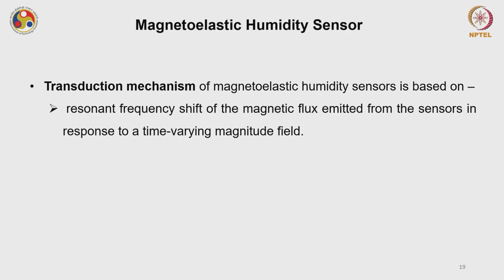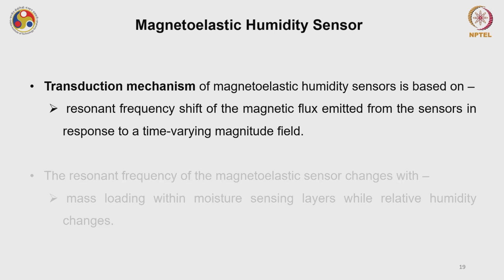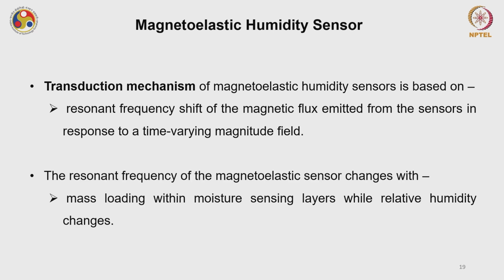The transduction mechanism of a magnetoelastic humidity sensor is based on the phenomenon that the resonant frequency shift of the magnetic flux emitted from the sensor in response to a time varying magnetic field is detected. So the response frequency of the magnetoelastic sensor changes with mass loading within the moisture sensing layer while relative humidity changes.